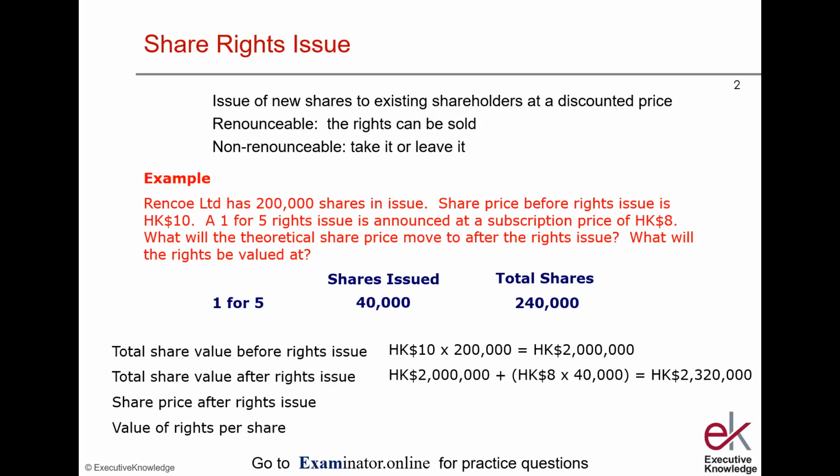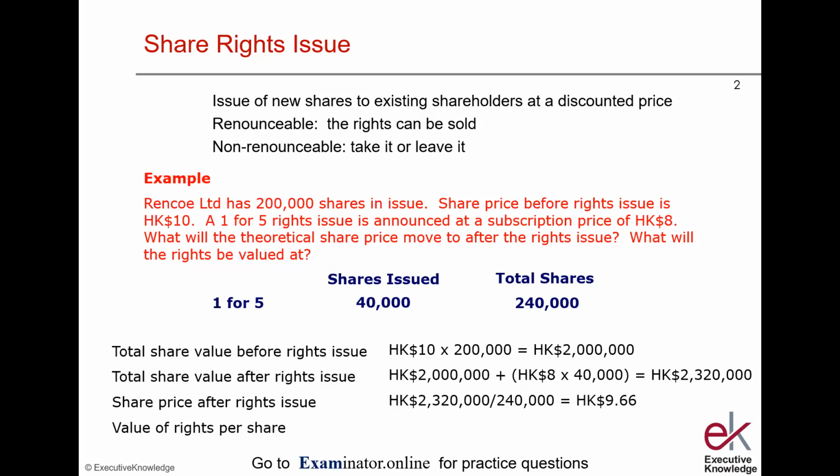Add those together and we get 2.32 million. With those calculations done, what is the share price after the rights issue? We take the total value of the company now at 2.32 million divided by total number of shares now in issue, 240,000, giving $9.66. That's the answer to a possible question.